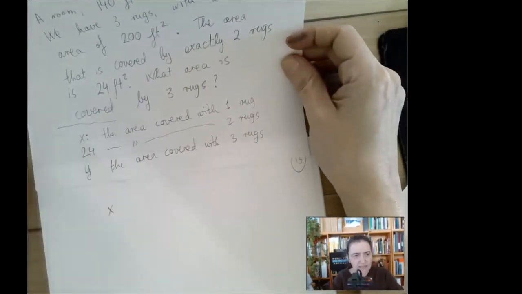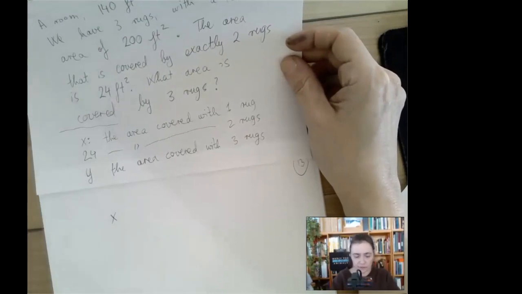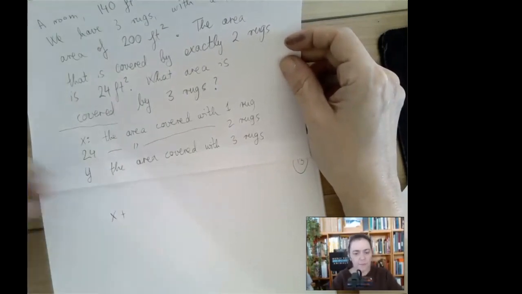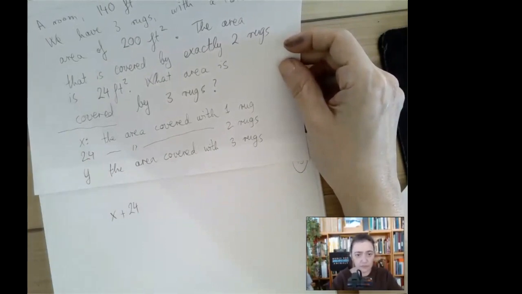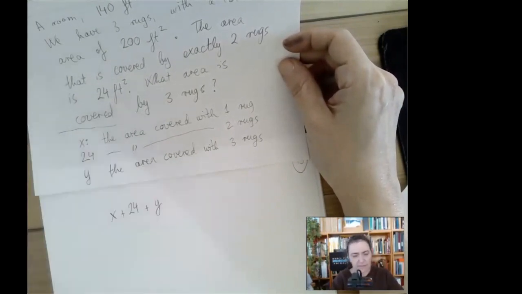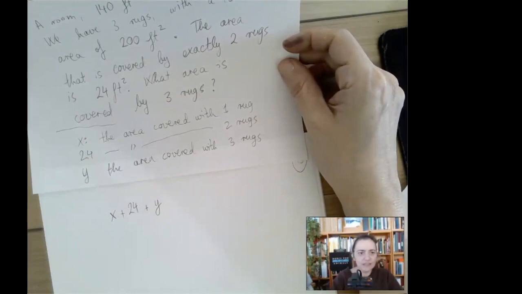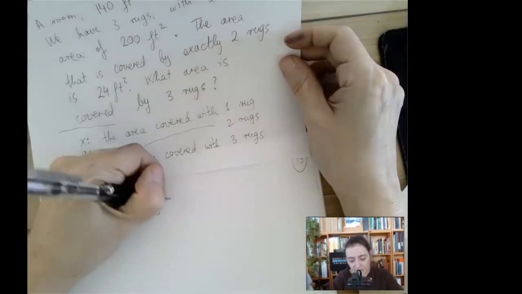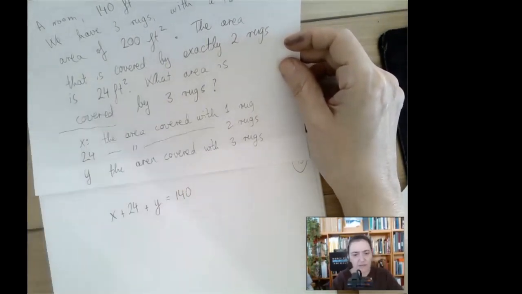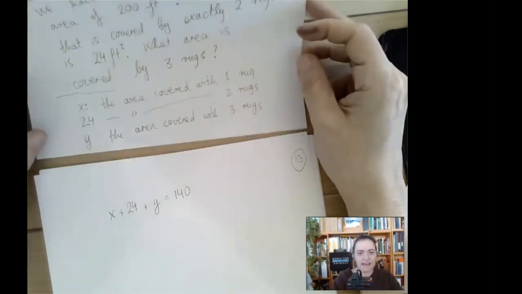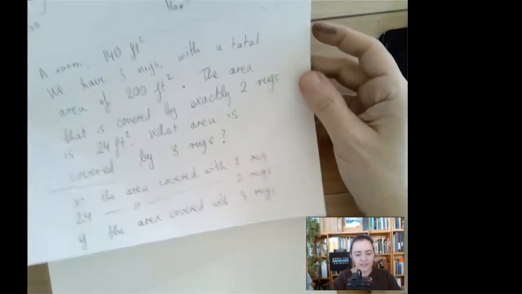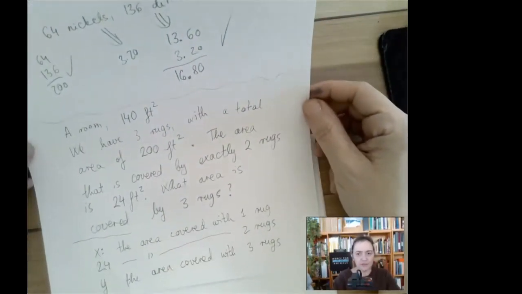So X is the area of the room that is covered with 1 rug, plus 24 is the area of the room that is covered with 2 rugs, plus Y, that's the area that's covered with 3 rugs, has to add up to the whole room because we covered the whole room. Okay, now what? What data have we not yet used? What number have we not yet used?